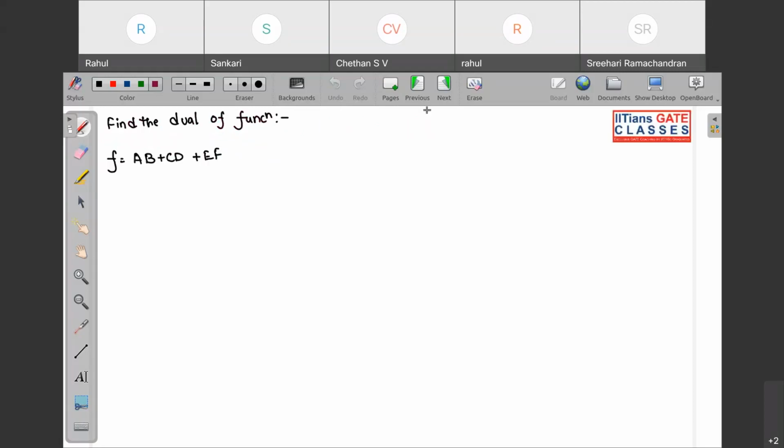Okay, so now let us talk about the dual of a function. What do we mean by the dual of a function?